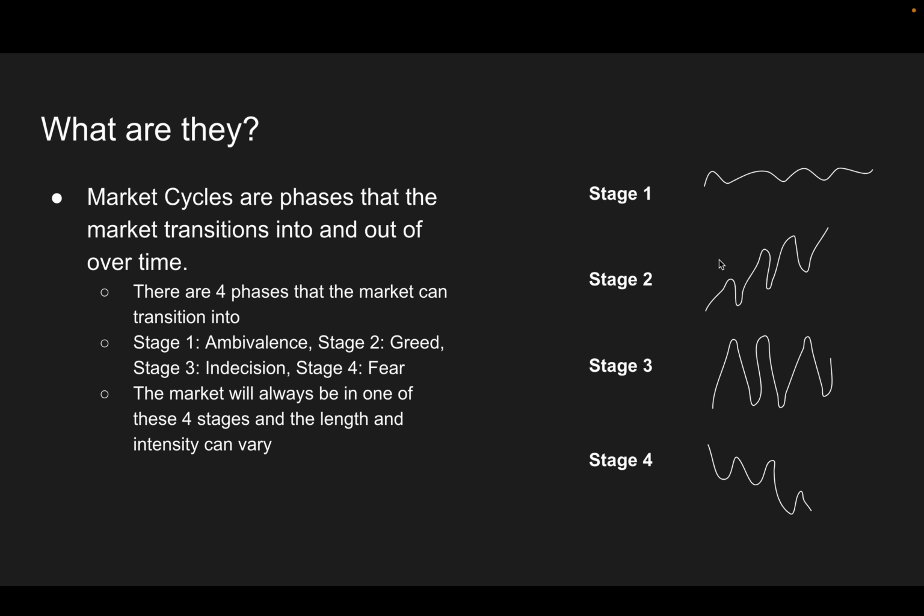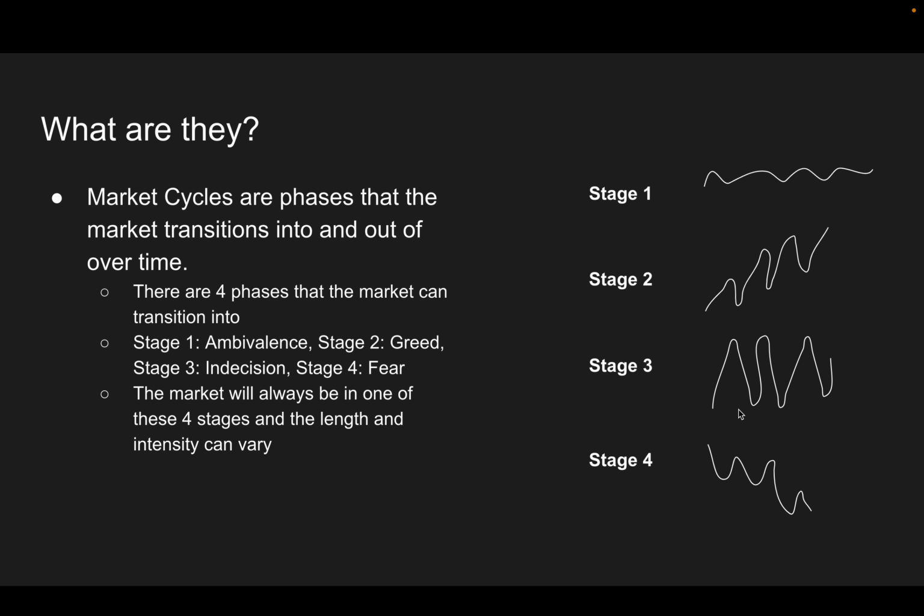Stage 2 is marked by higher highs and higher lows, indicating a Stage 2 upward trend. This is where buyers are taking over sellers and pushing the market higher.